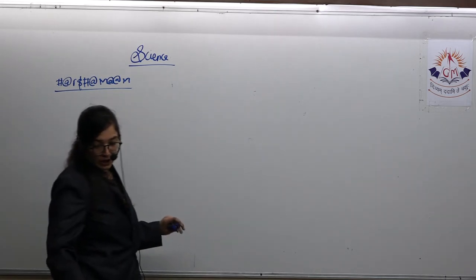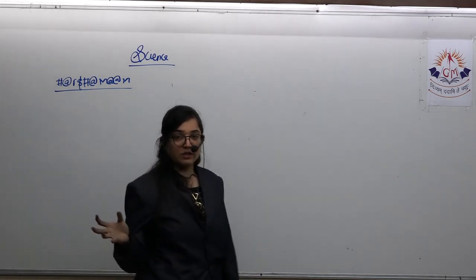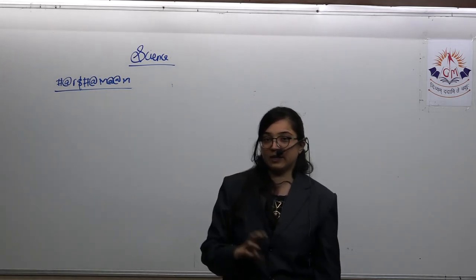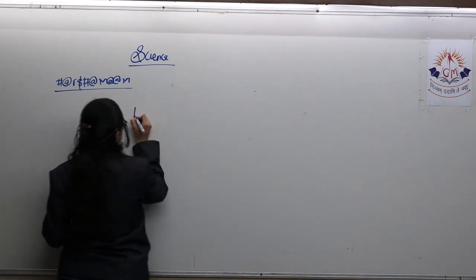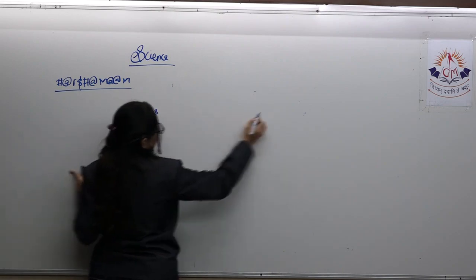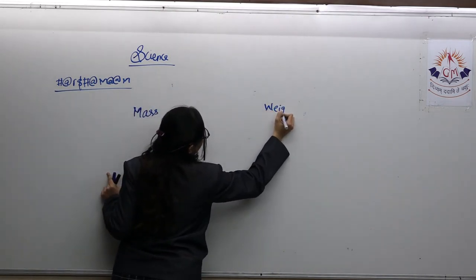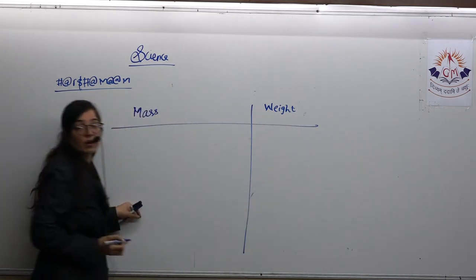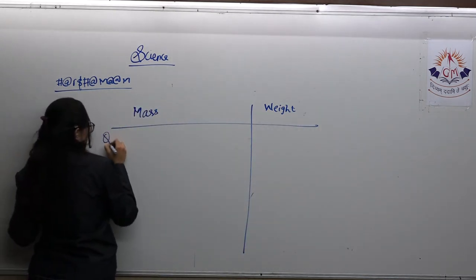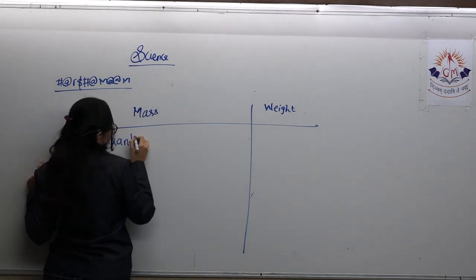Another thing is, we generally use the two words mass and weight as the same thing, but they are not the same. There is some difference between these two words. What is the difference? Let's see. Quantity of matter is called mass.